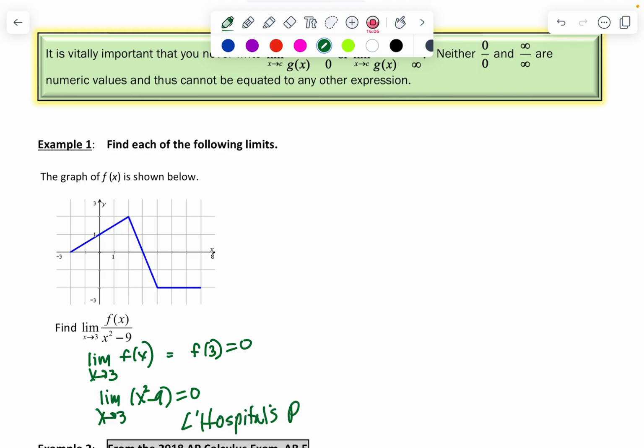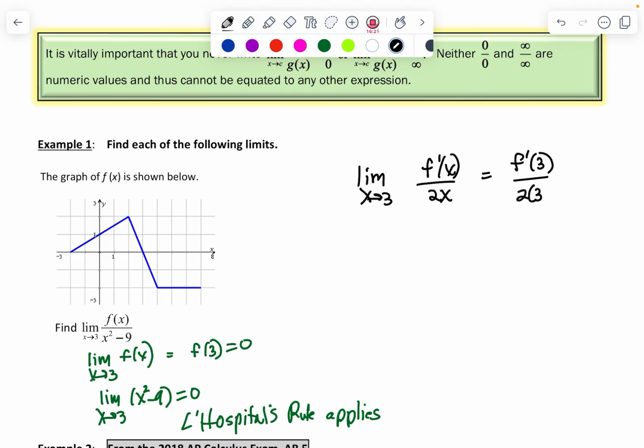So L'Hopital's rule applies. So then I can use L'Hopital's rule, which will be f prime of x over 2x. That's f prime of 3 over 2 times 3. Well, remember, we know how to find the slope. That looks like it's negative 2 over 6, so that is negative 1/3.